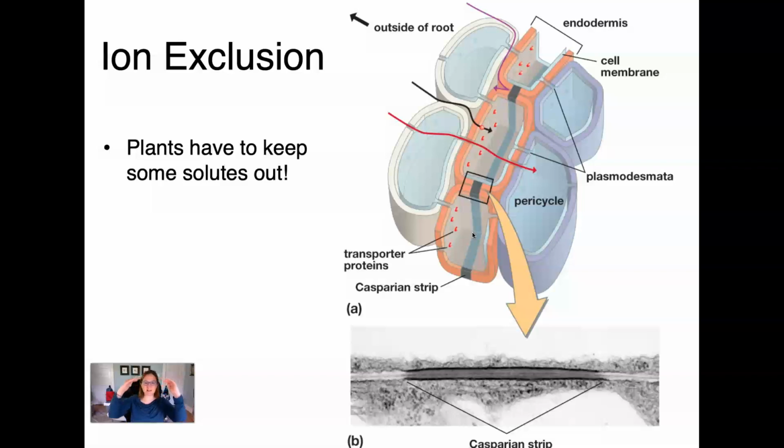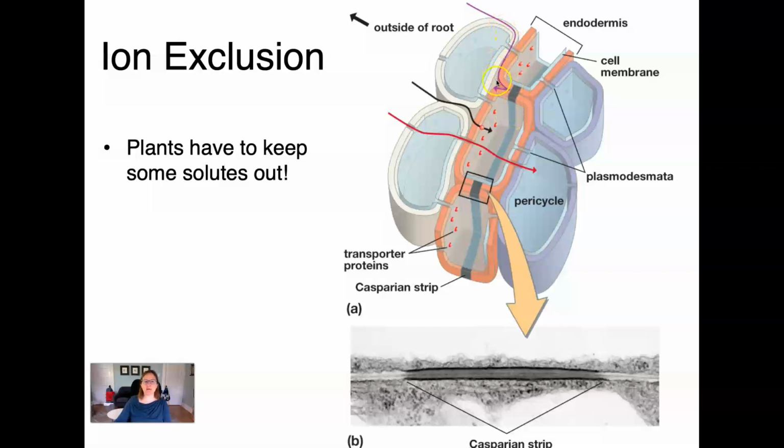It's a substance called suberin, and it is impermeable to apoplastic movement. For example, here are some ions trying to get through the cell wall and trying to move into the xylem, which is in here somewhere. These ions are turned back because they meet the suberin of the cell walls.